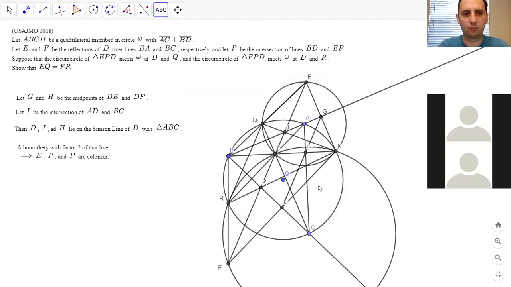We defined P so that it is collinear, so you can't say that. Oh, that's right. So this basically would show that P is the orthocenter.